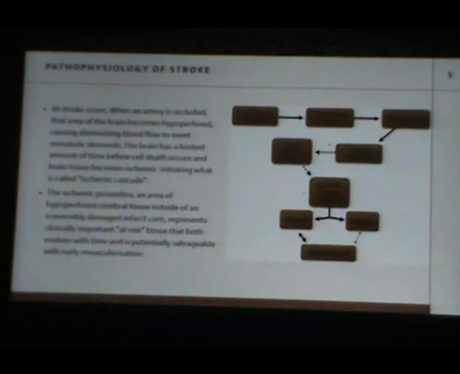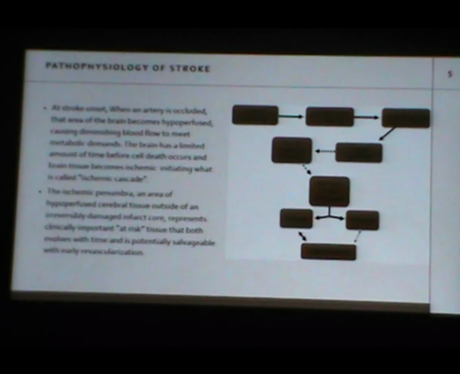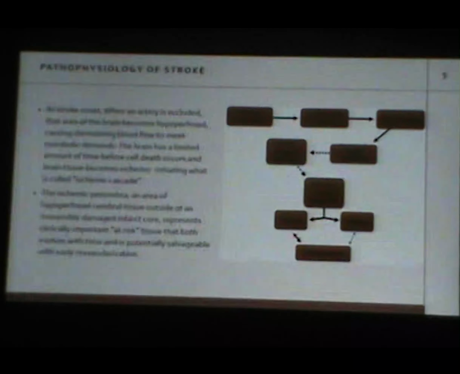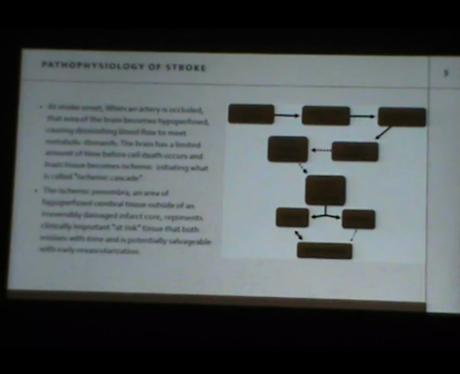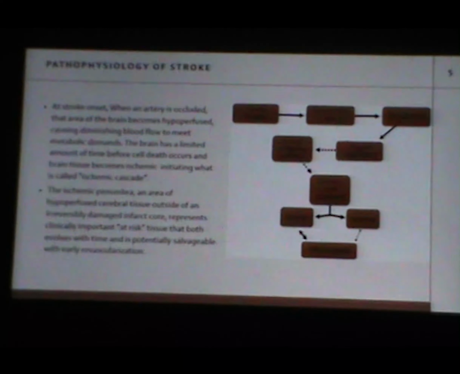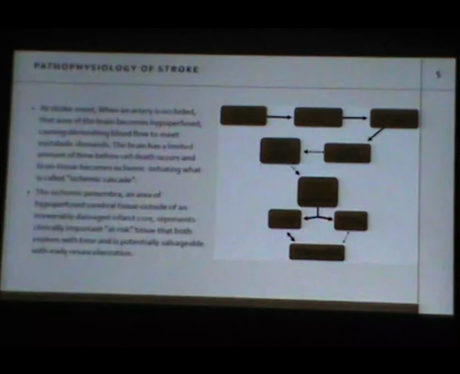Getting to the pathophysiology of stroke: when the cerebral artery is occluded, this leads to decreased blood flow and decreased supply of glucose and oxygen to the brain cells, which are used to produce energy. Brain cell metabolism is affected, leading to alteration of the cell membrane, necrosis and apoptosis, and an inflammatory cascade begins.